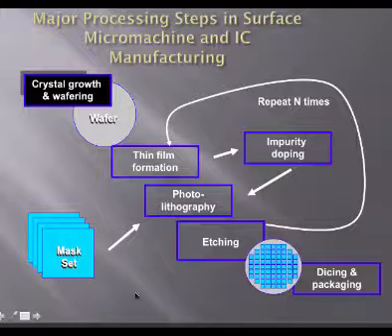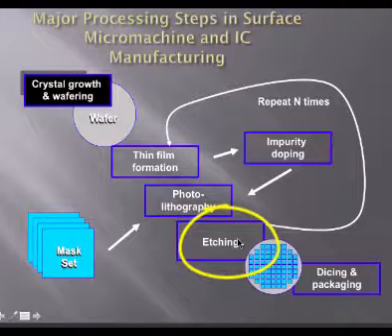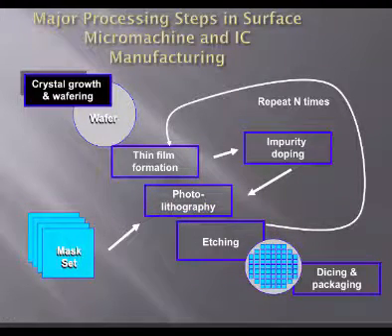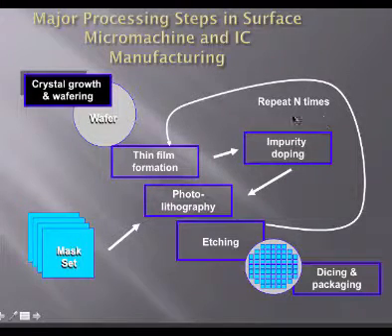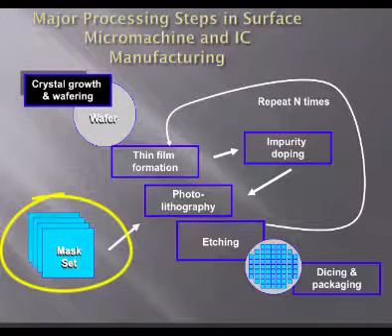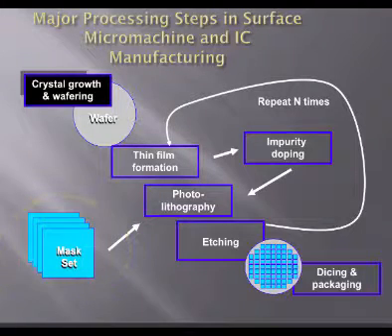Nothing new there. And then you etch it. Whatever's showing after the photoresist is applied and patterned gets etched away. Then you strip the photoresist and then you do it again. You keep going in this circle and build up layers and layers. And at every layer you have a photomask.